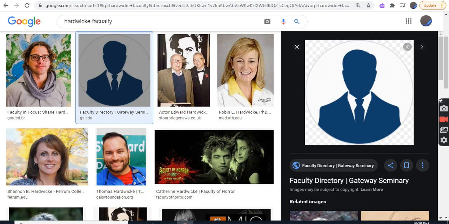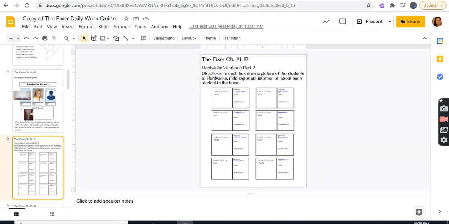Currently I'm in part 5 of the Fixer, chapter 14 to 17. So all I have to do is, in each box, draw a picture of the students at Hardwick and add important information about each student in the boxes.